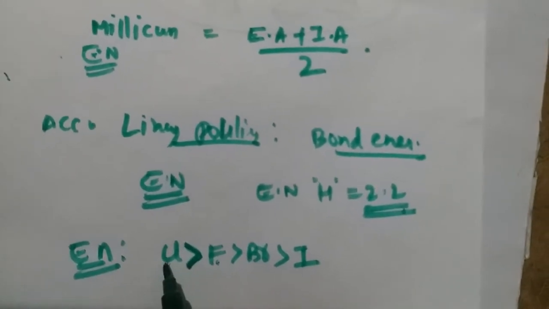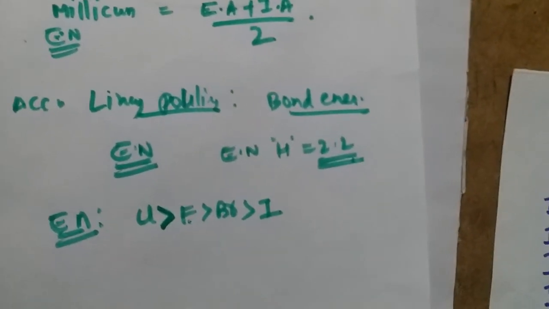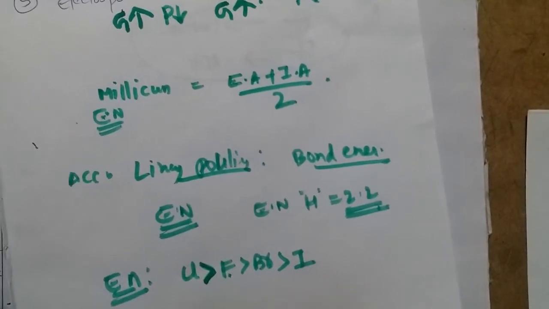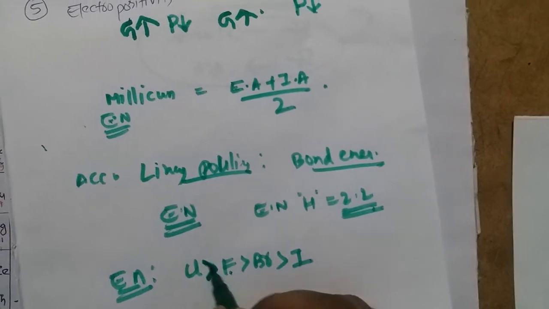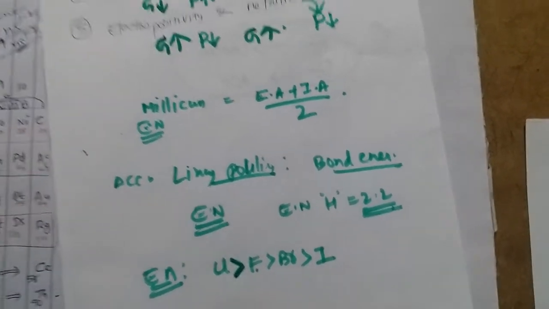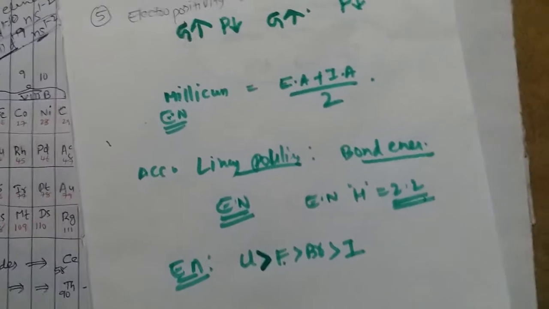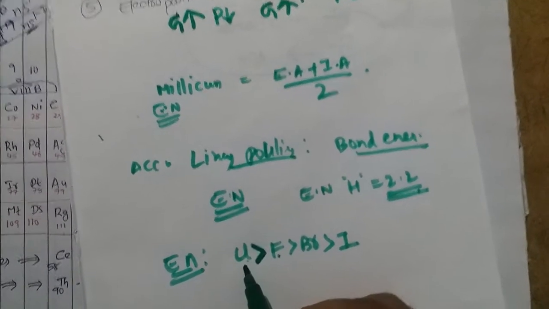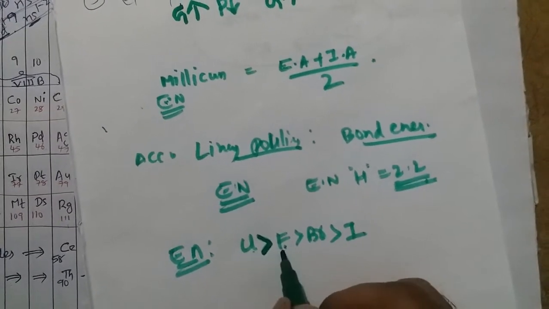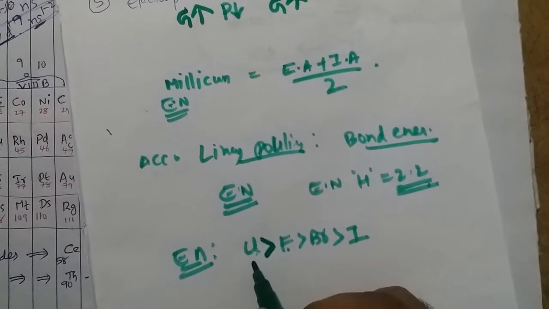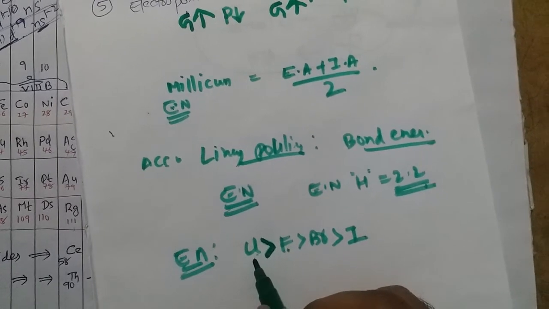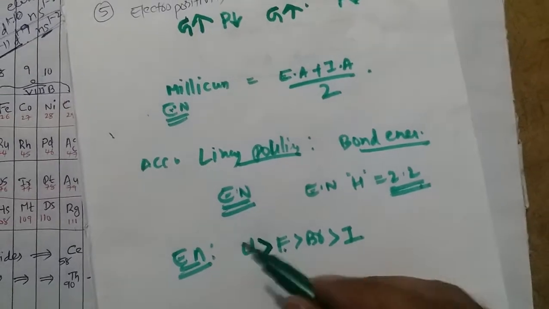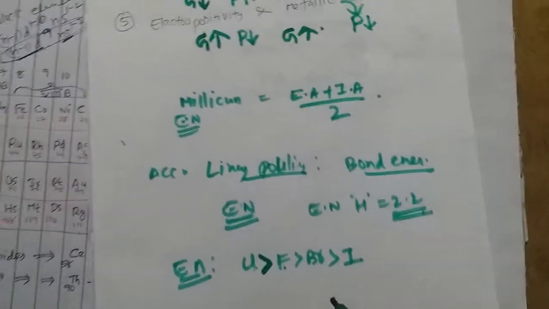Because of more electrons present in chlorine, and its size is less. By that reason, electron repulsions are more in fluorine compared to chlorine. So when we add an electron to chlorine, the released amount of energy is more compared to fluorine. By this reason, chlorine has more electron affinity.